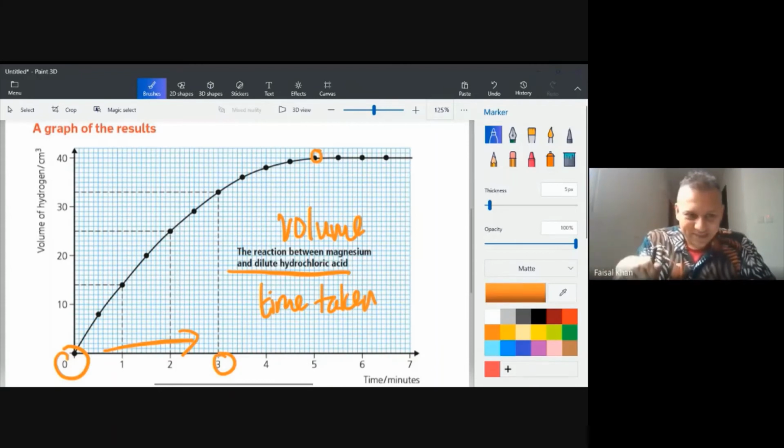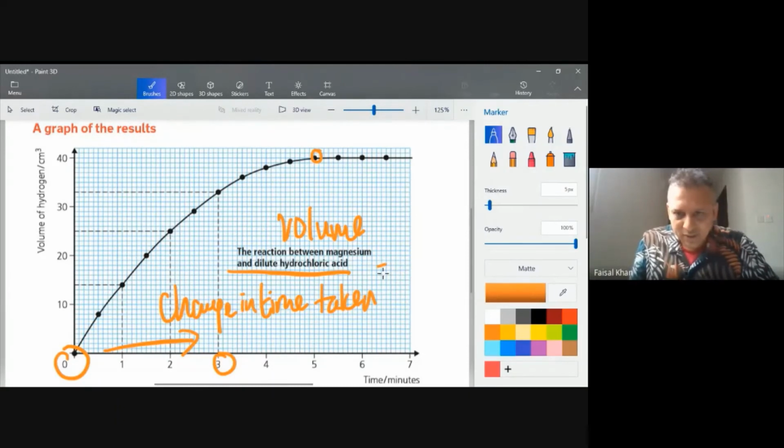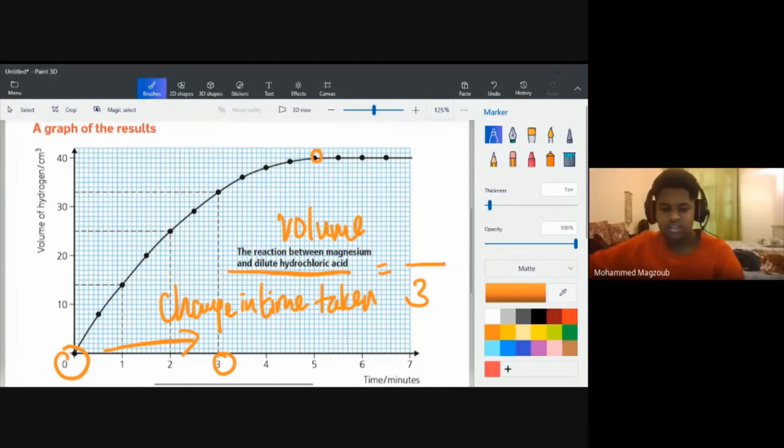So let's go back to the time. You corrected yourself. You said time equals 3 minutes. Then you said no, in the third minute, and then you corrected yourself again. And all of this was good. You said between 0 and 3 minutes. So you can appreciate that you have a change in time taken, and that time is 3. Do you agree? Yes.